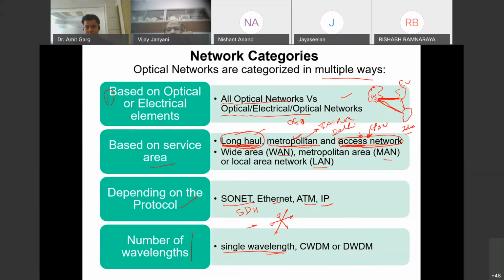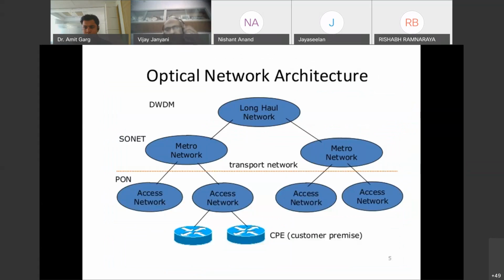But if you have multiple wavelengths, coarse WDM or DWDM, then you can also call that network a multi-wavelength or WDM network.